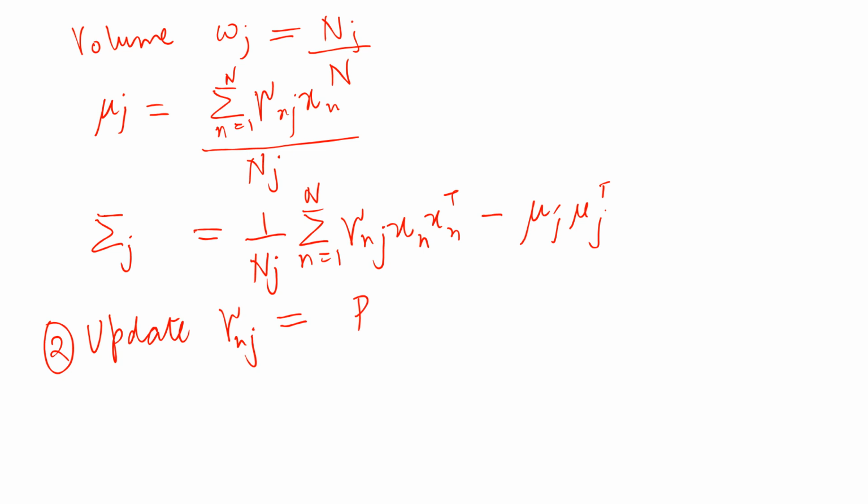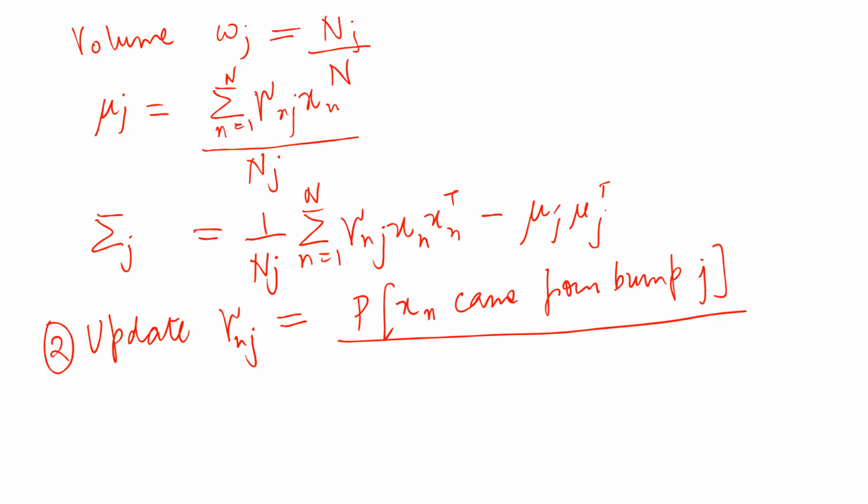So this is the probability density that x_n came from bump j. That's how this is membership, right? And then this is the sum over all the bumps of the probability that x_n came from bump j. I'm going to add them up, correct?